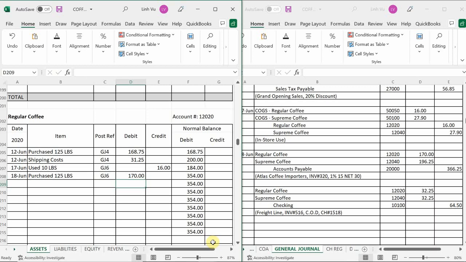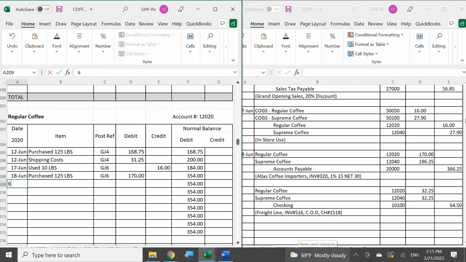Since we are already here and we're going to do these two transactions at the same time, I'm going to go ahead and put in my freight costs in there as well so I can be done with the ledger. For $32.25. So that means your ending balance in your inventory should give us a total of $386.25.